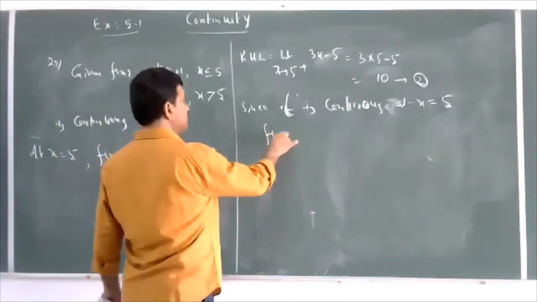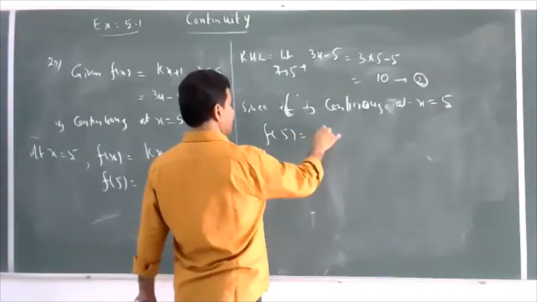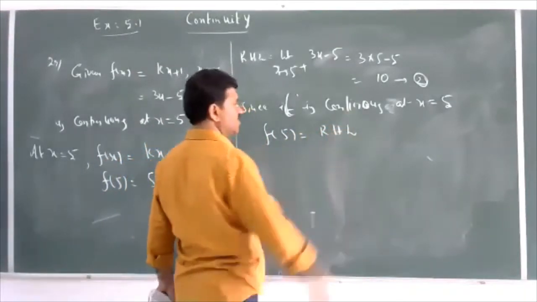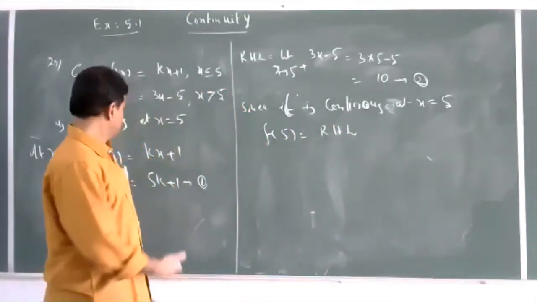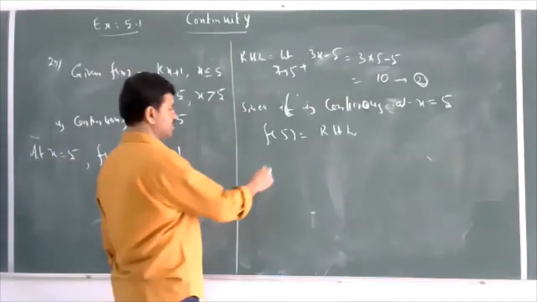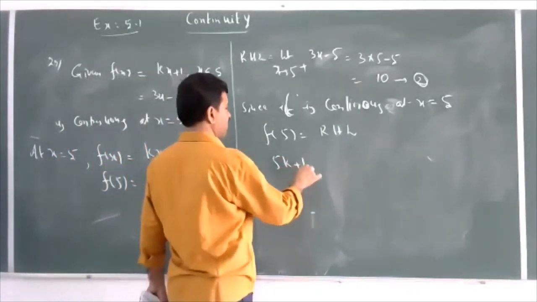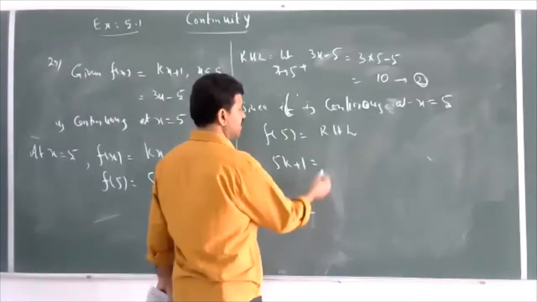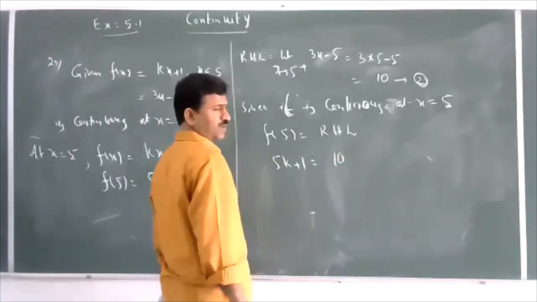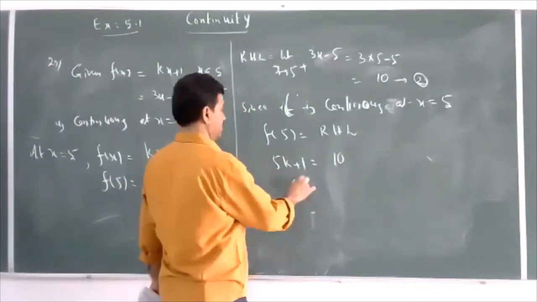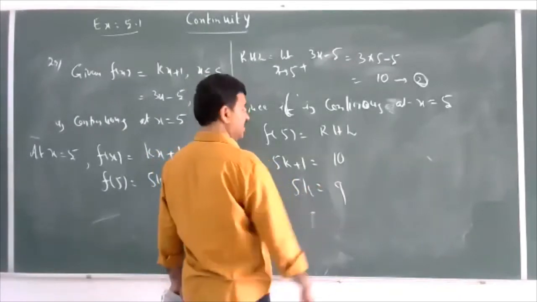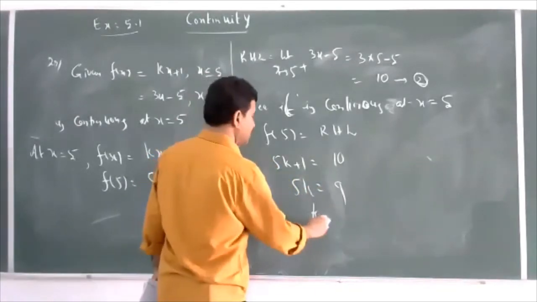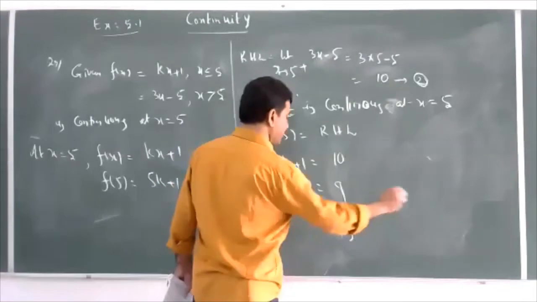F of 5 is equal to the right limit value. We can use this condition. So 5k plus 1 is equal to 10. Find the k value. 5k is equal to 10 minus 1, 9. K is equal to 9 by 5.